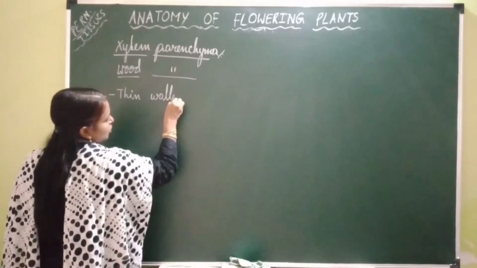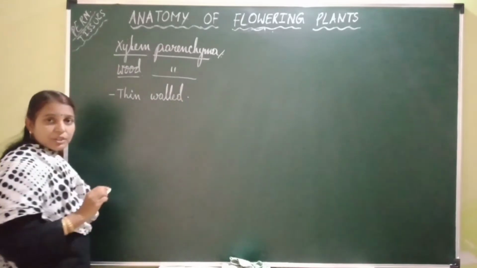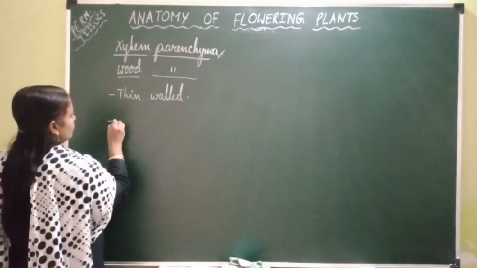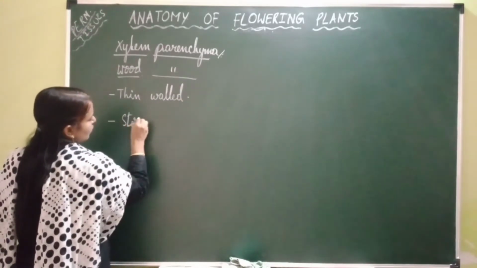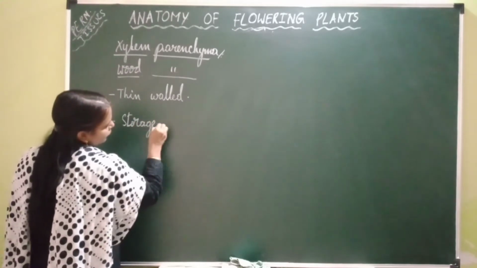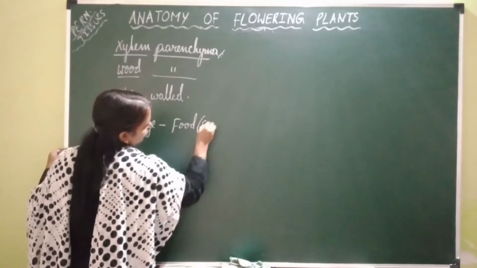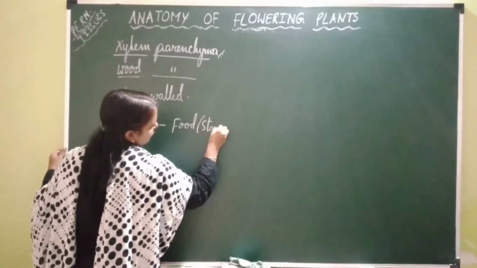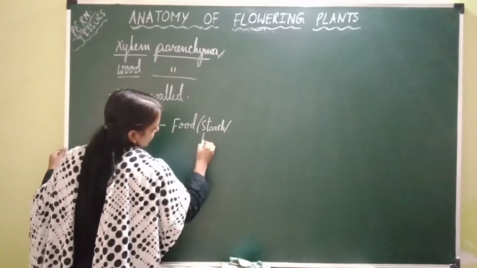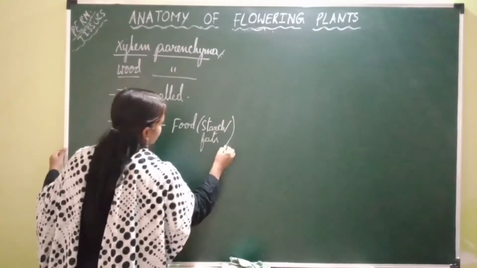And what is the function of this xylem parenchyma? Its function is to store food materials. So it is involved in storage of food, which is stored in the form of starch or fats.